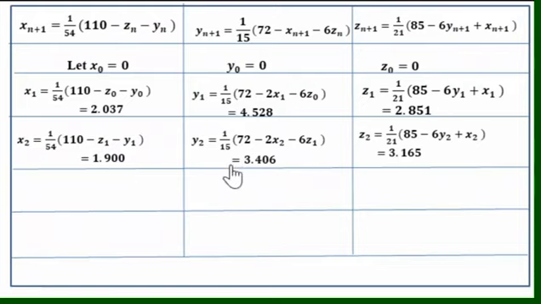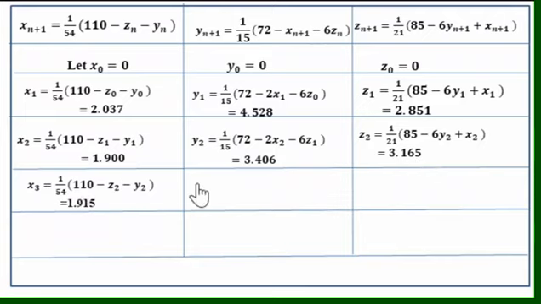We get y2 equal to 3.40x. Next we have z2. The z2 formula is 1 by 21 into (85 plus x2 minus 6 y2). Then substitute these values for x and y, x2 and y2. We get z2 equal to 3.165.